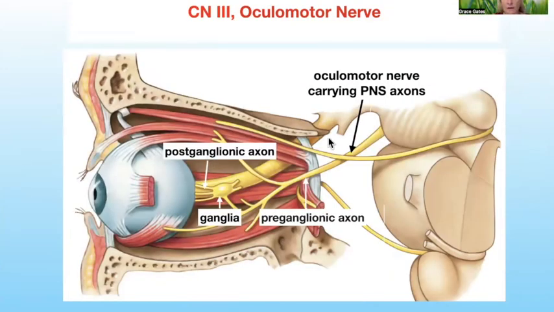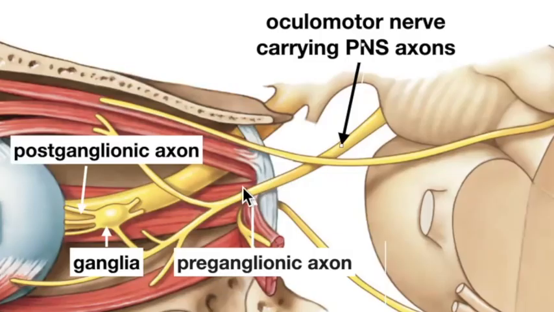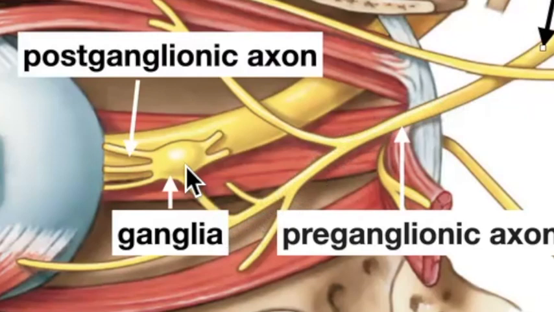And here's a picture of the different cranial nerves coming out of the brainstem. The oculomotor nerve is shown with an arrow that points to it in the diagram, and it comes forward from the brainstem. It's carrying some parasympathetic fibers on it, and then some of the fibers split off and go to a ganglia.